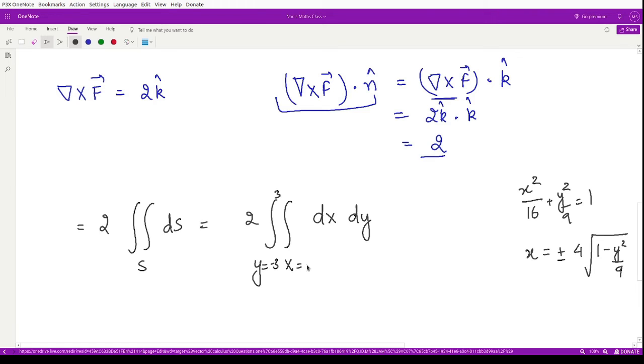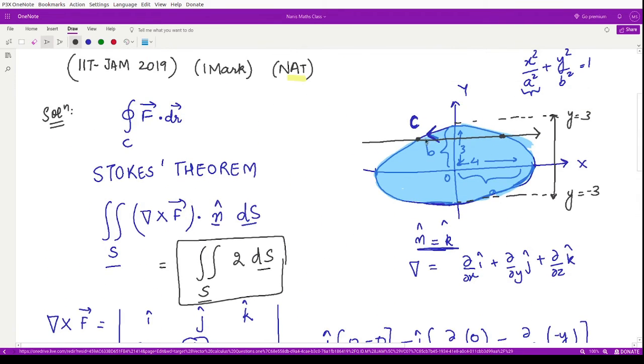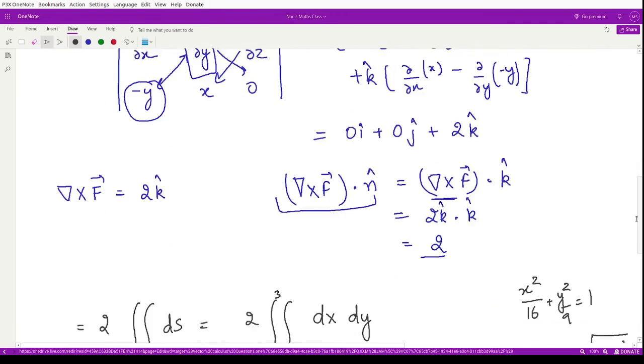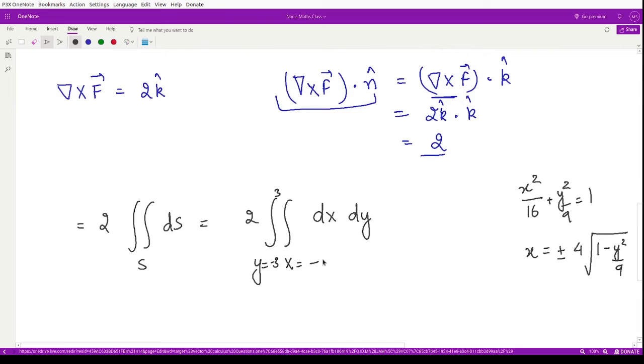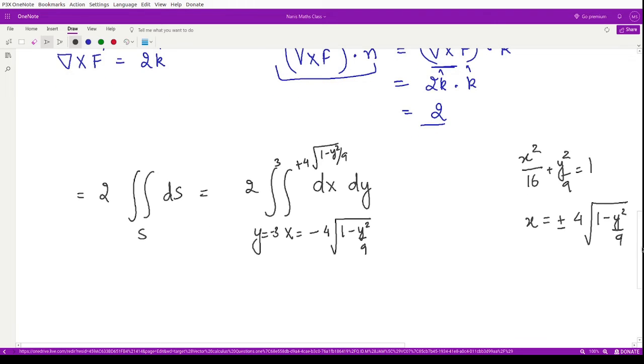The lower value of x would be on the negative side, because we are on the left side of the origin. So accordingly x would be minus 4 square root of 1 minus y square by 9, and plus 4 square root of 1 minus y square by 9. So now we have to compute this integral.